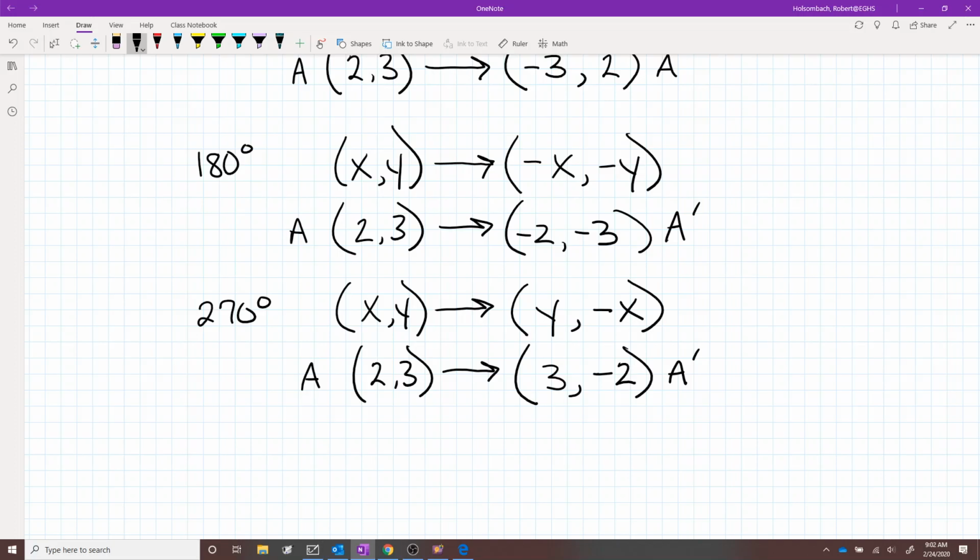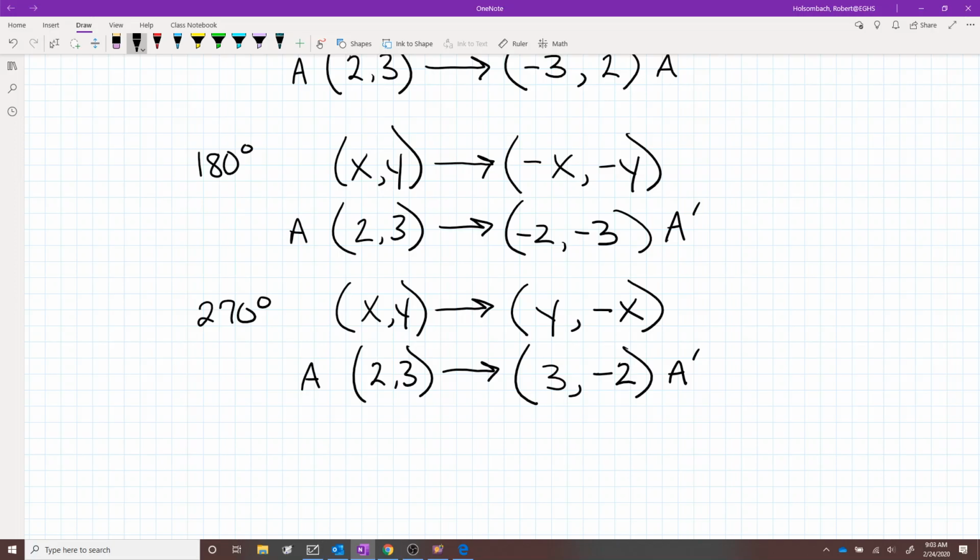It's a mapping rule, a huge, major shortcut. Rotations, they stick it in one section when you could really spend 2 or 3 weeks working on rotations, honestly.